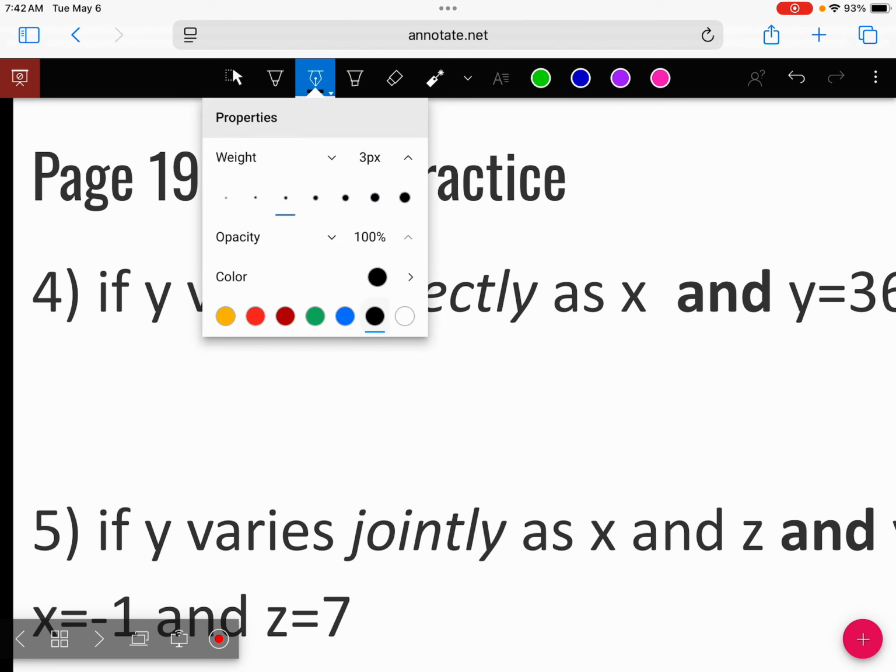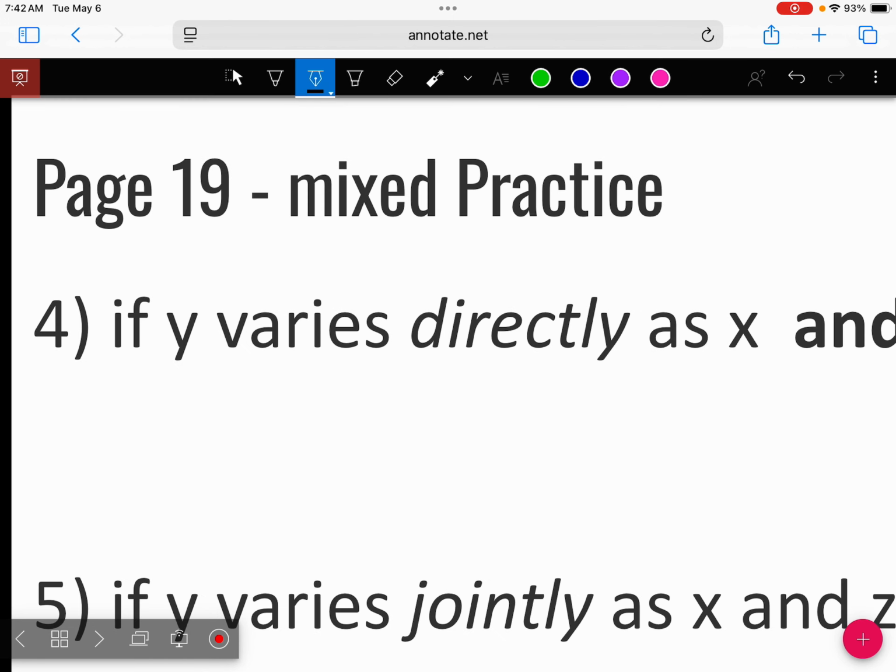So for number 4, if we've got y varies directly as x, that means y equals x times something, x times a constant. So directly, they're directly across from each other.